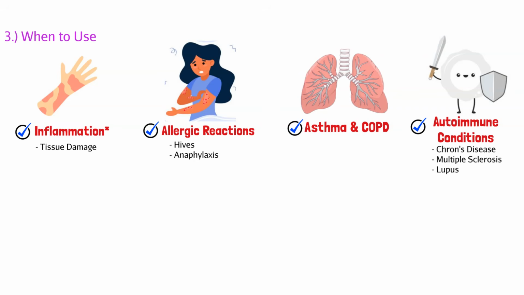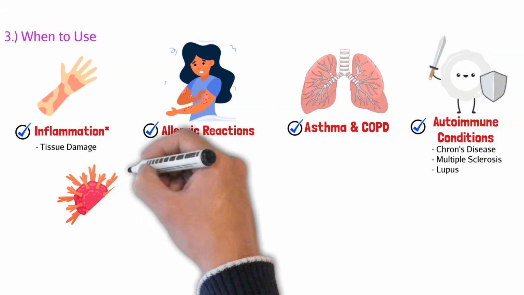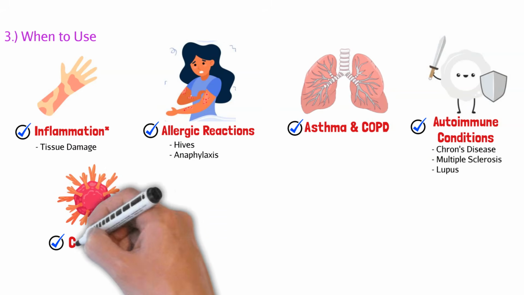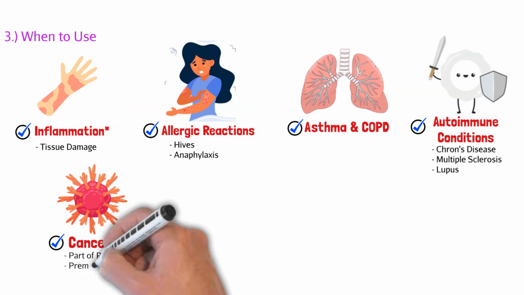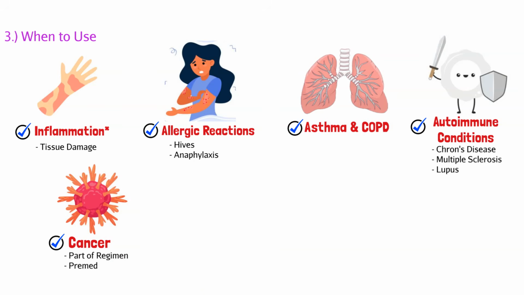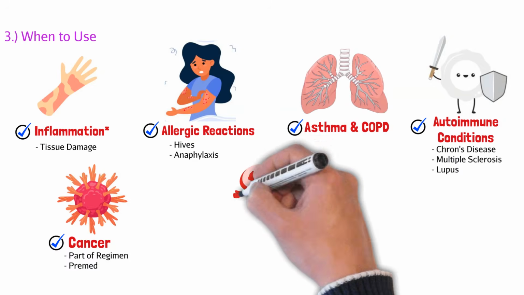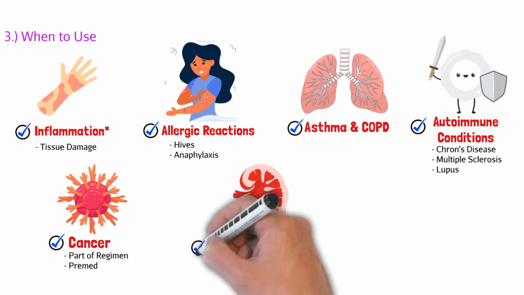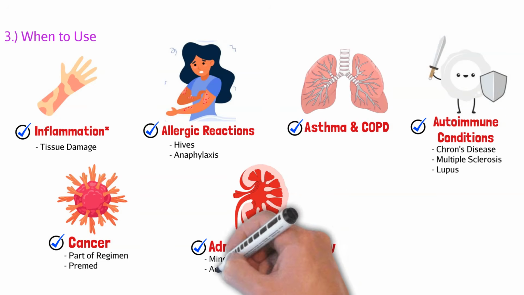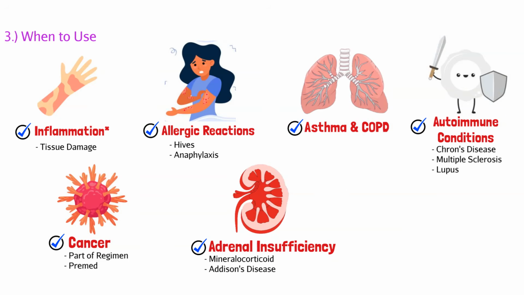Another use of glucocorticoids is actually in cancer treatments. Sometimes we'll see it used as part of a regimen. Sometimes you could use these steroids as a pre-med. It's just something unique in this class to know that you can actually use it for cancer. And for our mineralocorticoid functions, we want to talk about adrenal insufficiency.